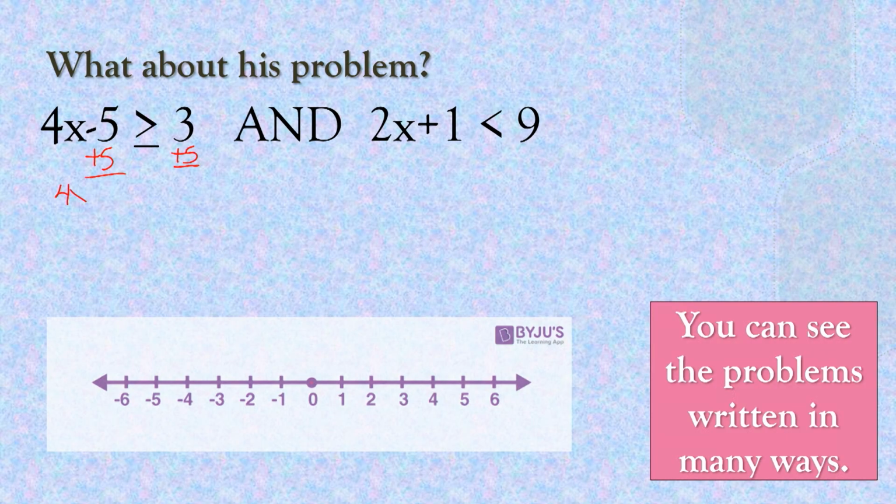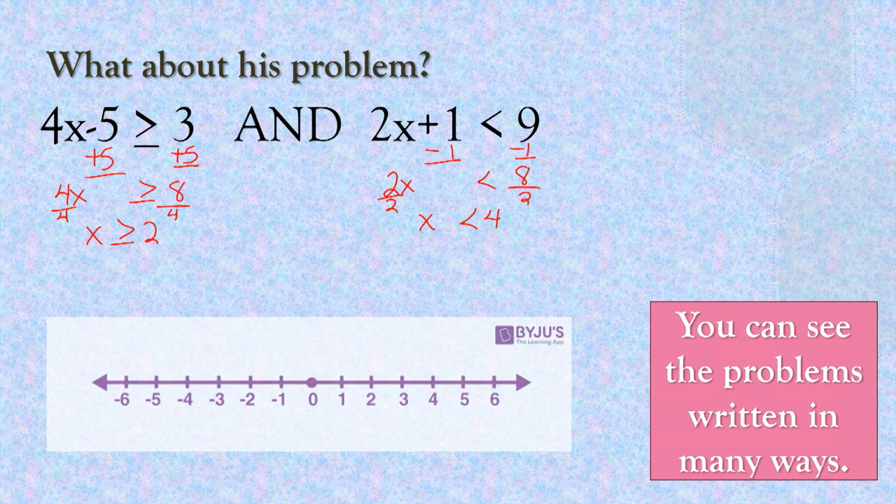So I have 4x is greater than or equal to 8. I'm going to divide by +4. So x is greater than or equal to 2. And let's work this one. I'm going to subtract 1 on both sides. So 2x is less than 8. I'm going to divide. So x is less than 4.